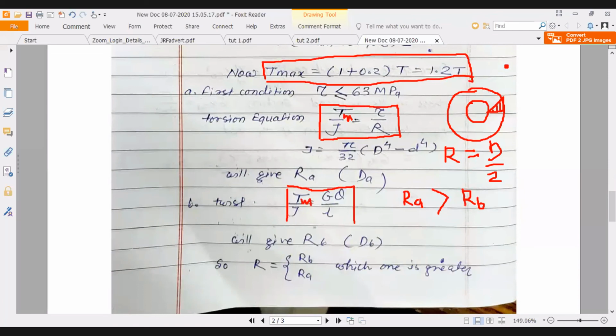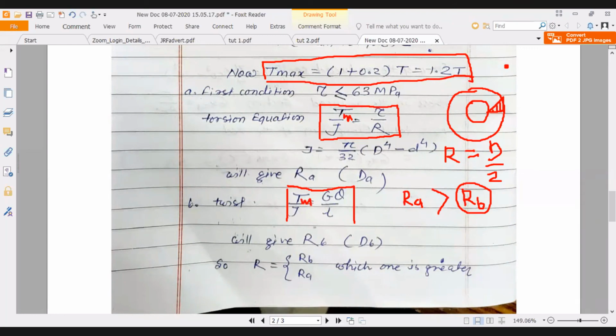See, suppose you are going to take RB, then in that case what will happen? Here I am not calculating the things. You need to calculate by yourself whether RA is greater or RB is greater. Suppose RA is greater than RB. So in that case, what will happen? Suppose we take RB as our external radius. Then it will fail by this.